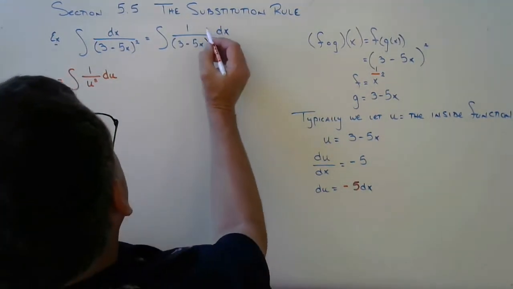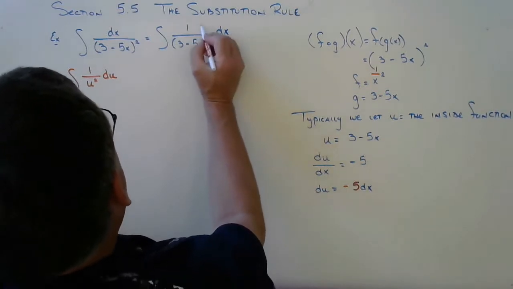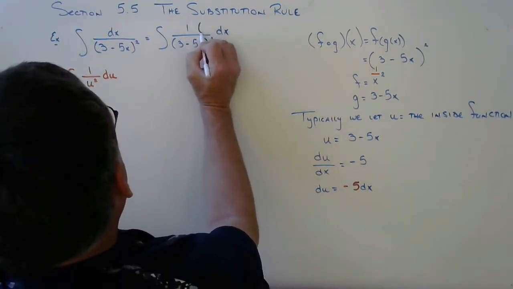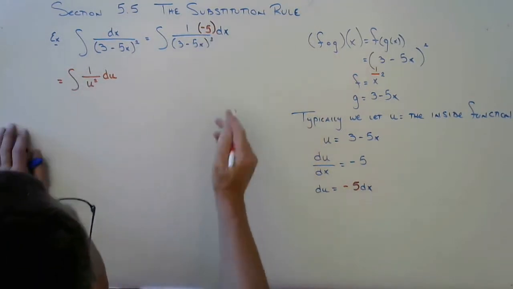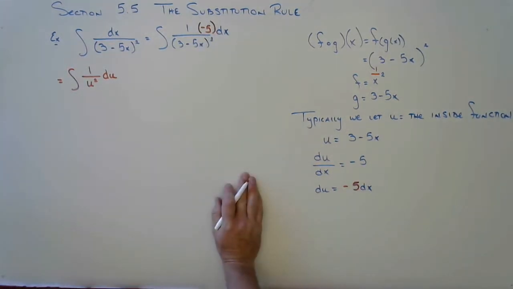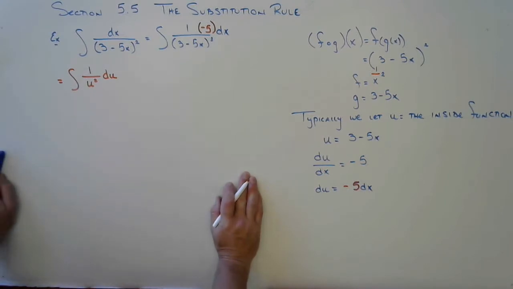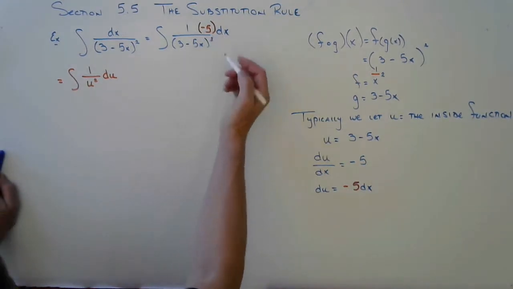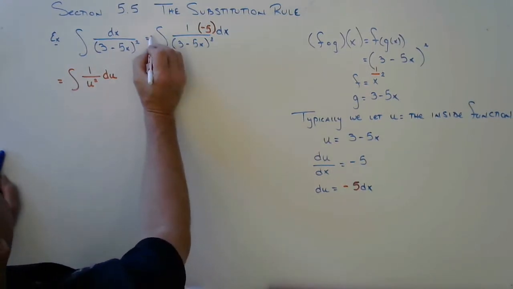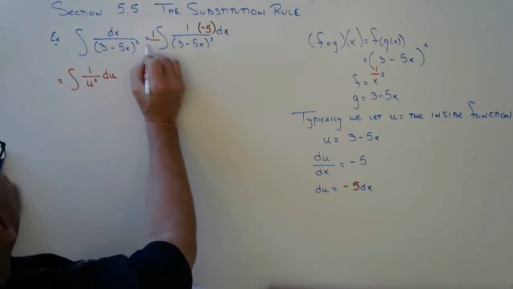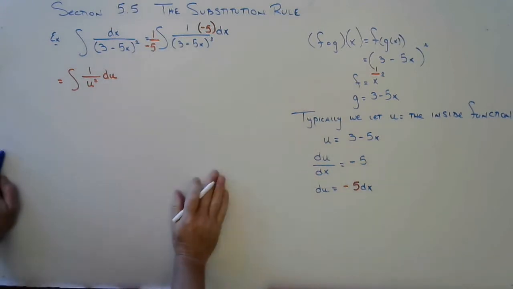Now, when I say we're going to put a negative 5 in here, I'm going to just take this numerator and I'm going to put a factor of negative 5 in the numerator because now I have negative 5 times dx. Now, we've all taken algebra forever, right? We started in our Algebra 1 class knowing that I can't do that. I'm not allowed to do that. I can't just introduce a negative 5. But I can if I also divide by negative 5. Okay, so this is what we do in a U-sub.